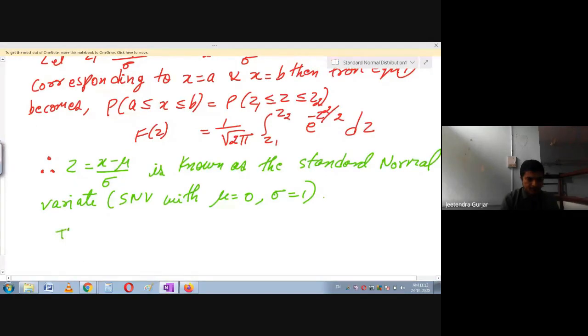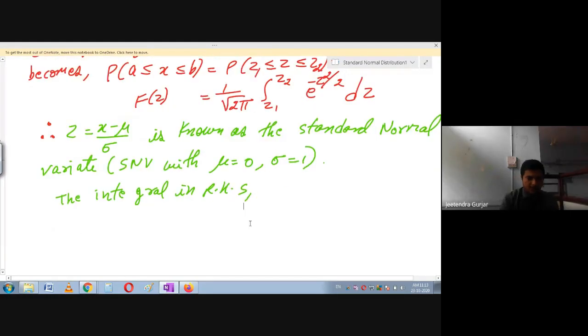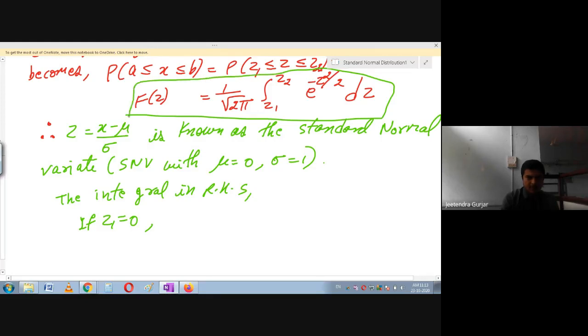In the integral on the RHS of the above equation, if you take z1 equal to 0, this equation will give you the area bounded from z1 to z2.